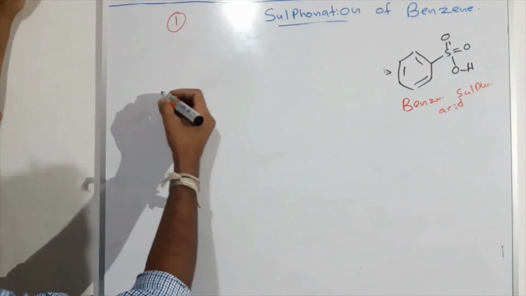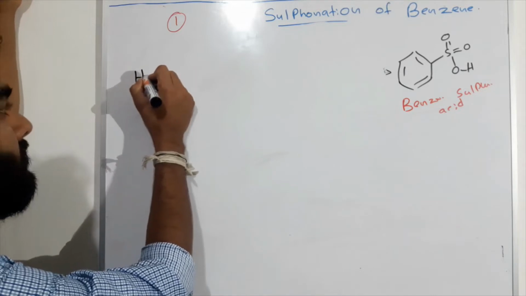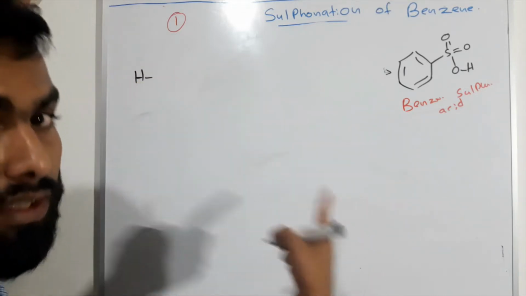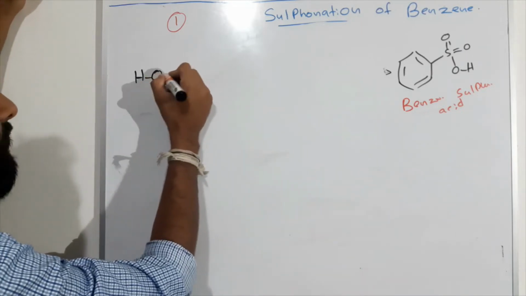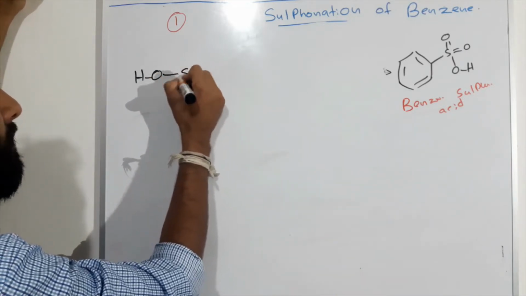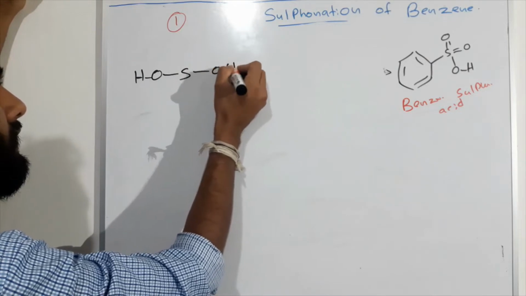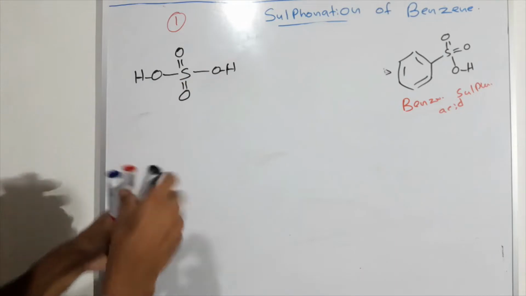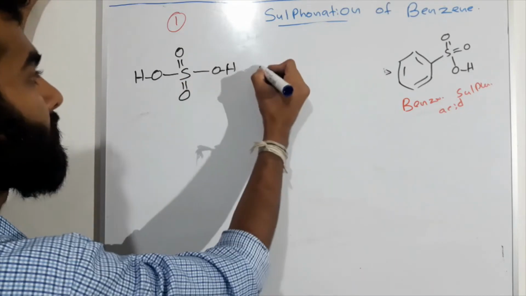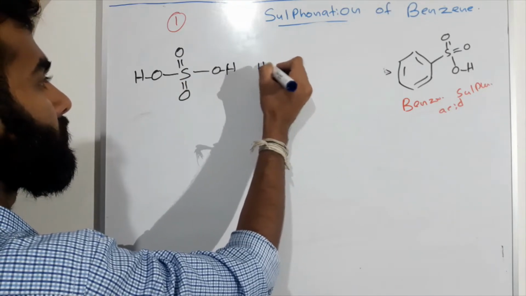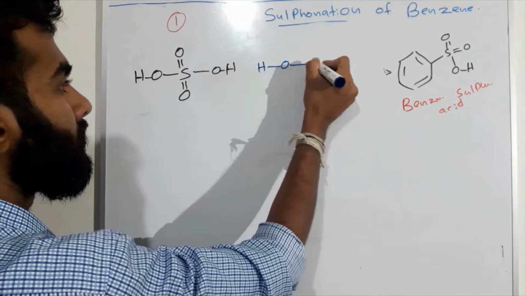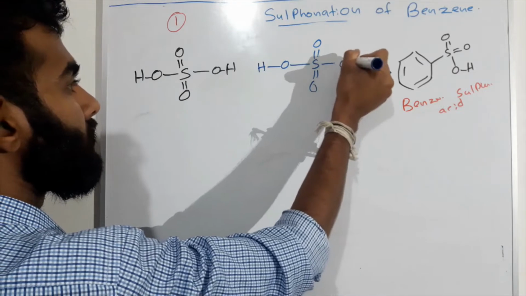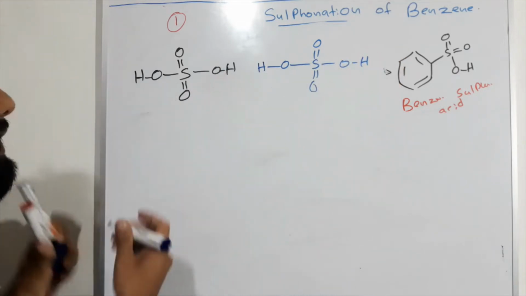This is the theory: two sulfuric acid molecules should react to obtain SO3. First, here is one sulfuric acid. I will draw the next sulfuric acid in blue. What will happen?